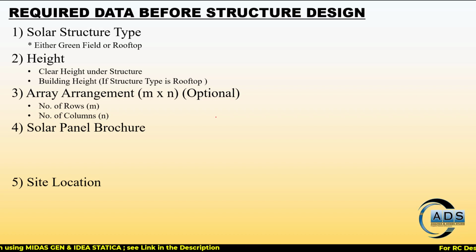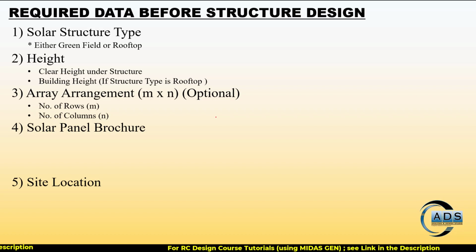This is optional, because some clients want this array of the solar panels, and some clients say I want that particular kilowatt rating of the solar system. Now it's up to you how to arrange the solar panels.